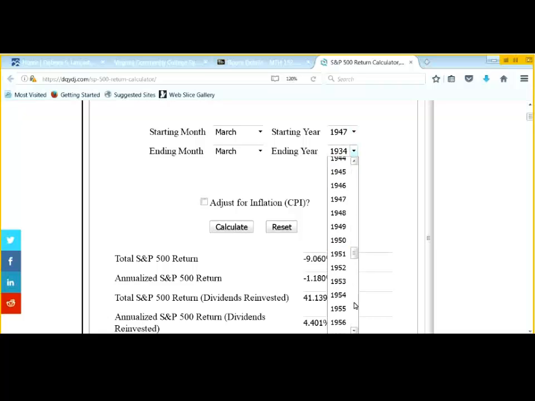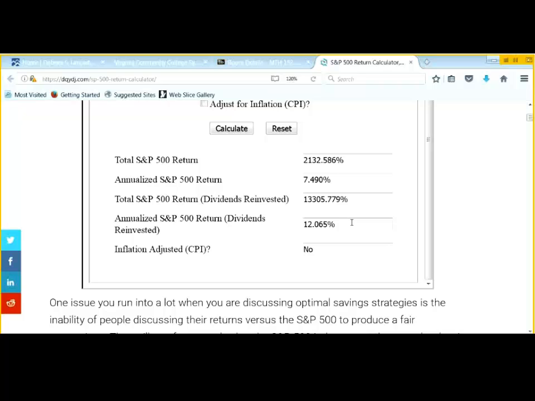During that period of time, the stock market reinvesting the dividends got almost 12%. So that's huge. Go back to the calculator, putting 12% in there, you can generate a lot of money. Now, he didn't have millions of dollars or anything like that, but the point is that historically, rates of returns of over 10% are not unrealistic.